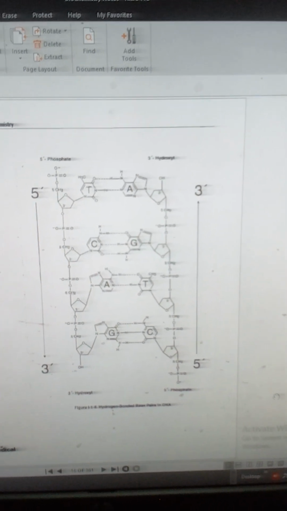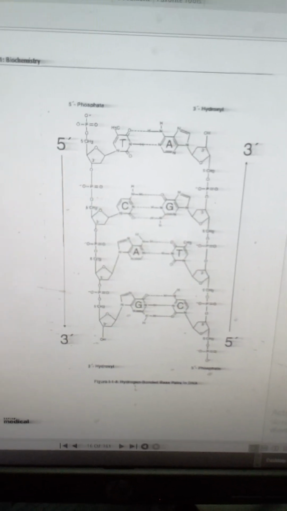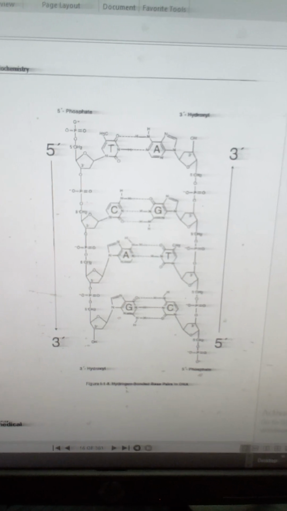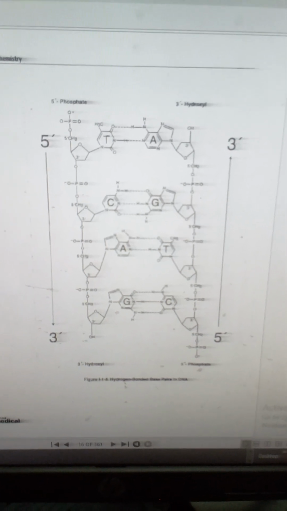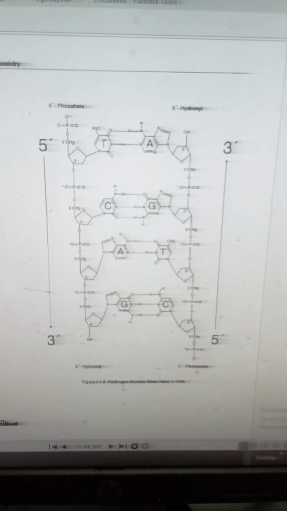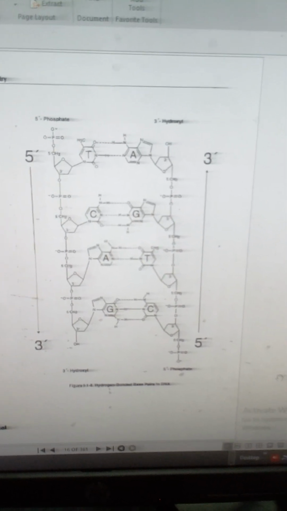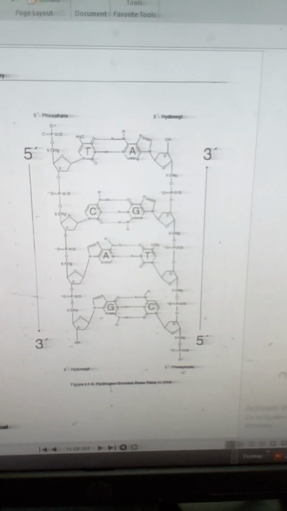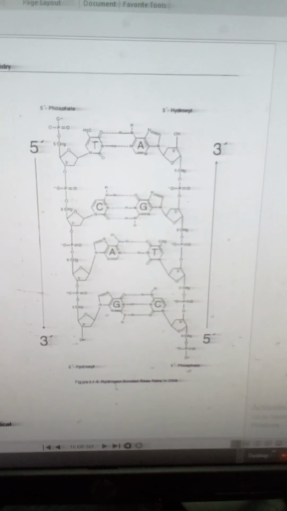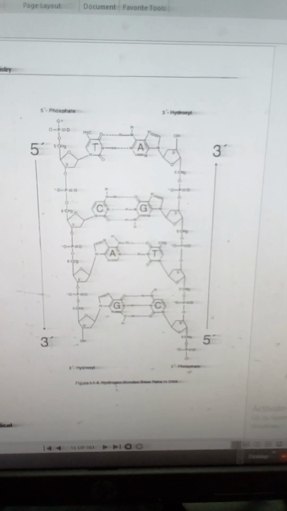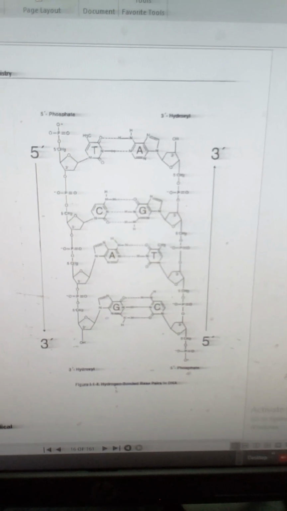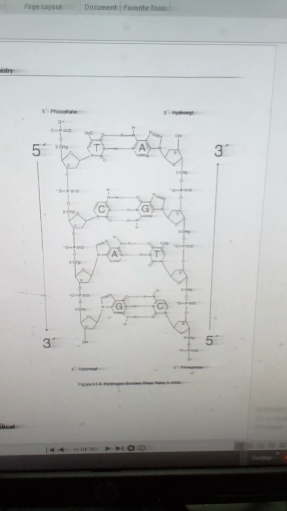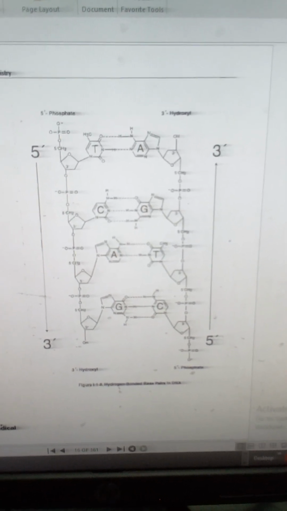So this means that the purines in a double-strand DNA will always equal the pyrimidines. If you can remember what we learned in nitrogenous bases, in a double-stranded DNA, the purines will always be equal to the pyrimidines.